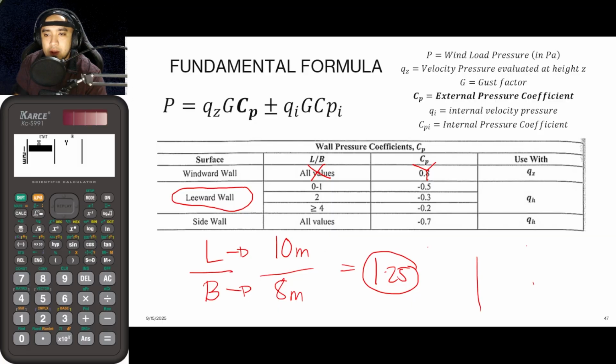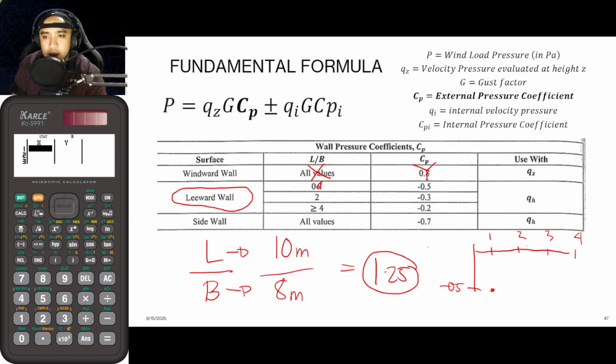If I would be graphing them, if x is equal to 1, the y is equal to negative 0.5. So again, x is equal to 1, 2, 3, then 4. If x is equal to 1, the value for CP is equal to negative 0.5.